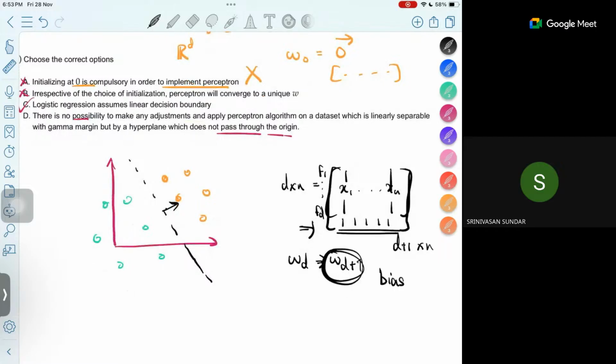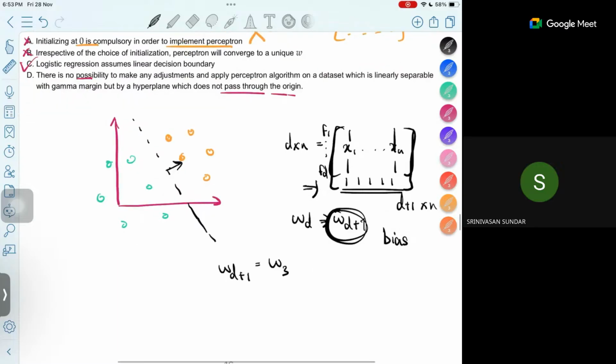Say D plus 1 is equal to 3, which means the weight vector has W1, W2 and W3. I can take the first two elements, W1 and W2, and keep that as the W. And the third element, I can call it B.